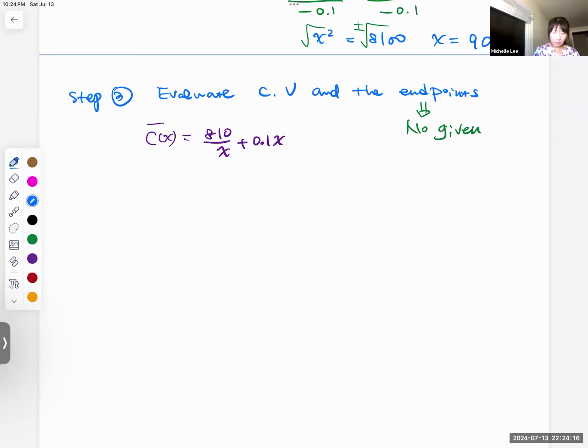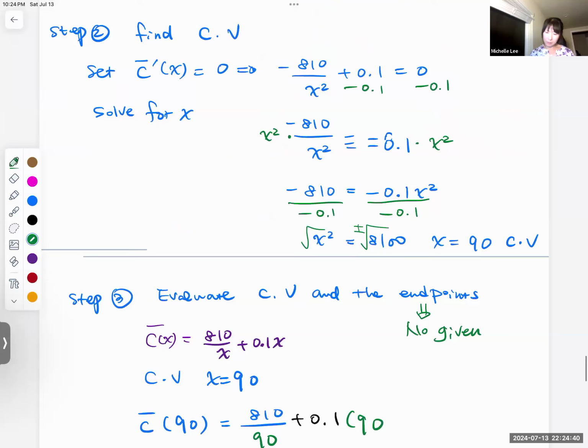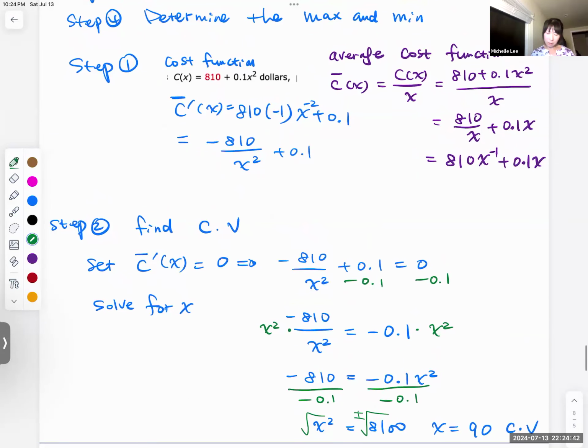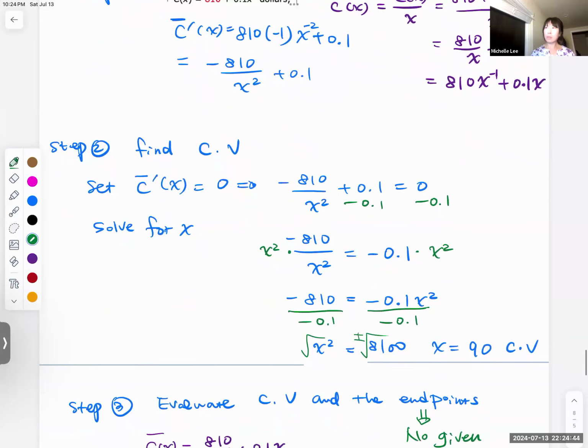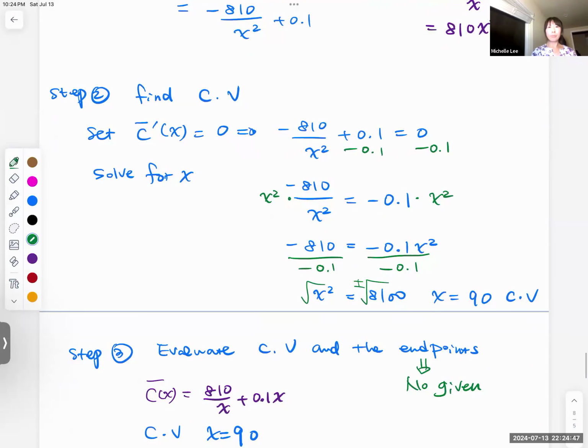So we have a critical value, which is x equal to 90. So for the average cost function, we substitute 90. Then 810 over 90 plus 0.1 times 90. Let me calculate it one more time.